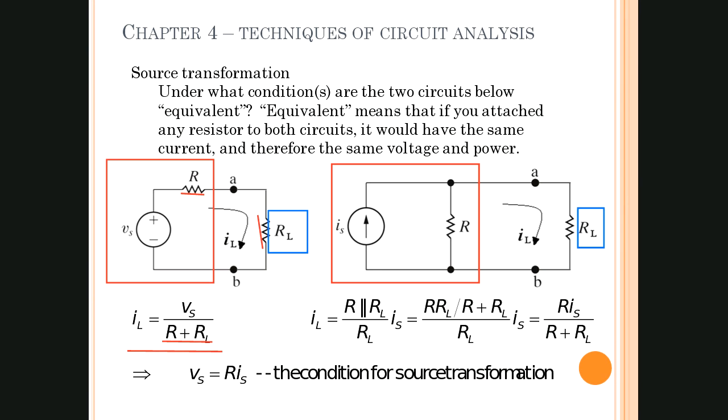Now those two resistors are in series in the circuit to my left, and so that would be a voltage divider circuit. And so the current through IL would be voltage over total resistance. Now if we're looking at the current through RL in the circuit to the right, we're going to do something a little different, where we have to actually combine these two resistors.